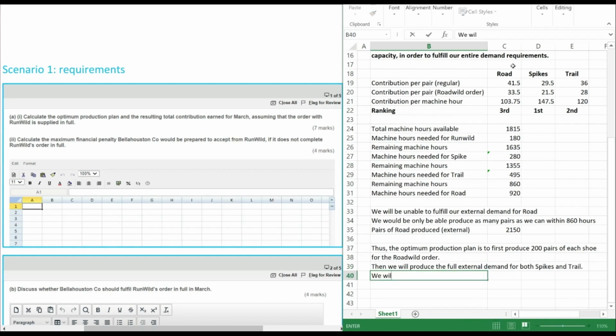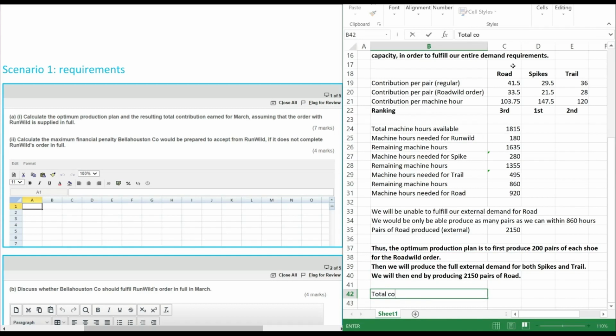We will then end by producing 2150 pairs of road. So since this is the optimum production plan, part of the requirement, we'll put this in bold, and we'll move on to our last part, which is the total contribution under this plan.